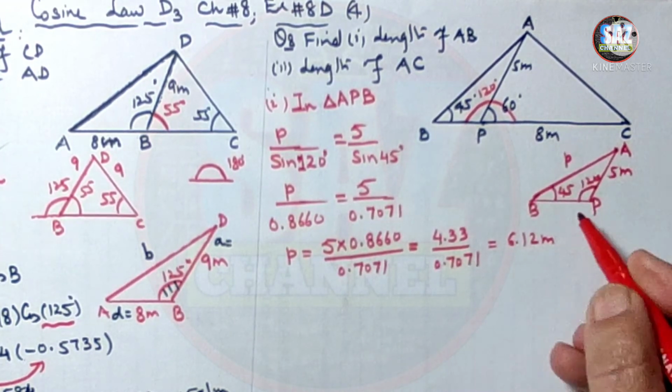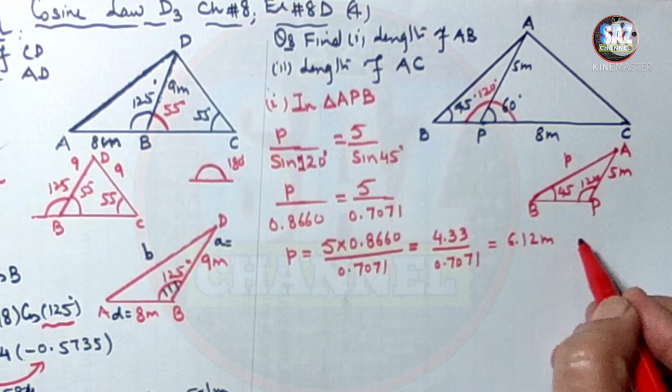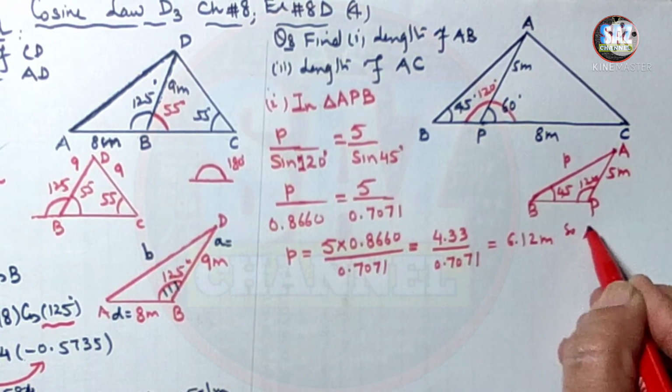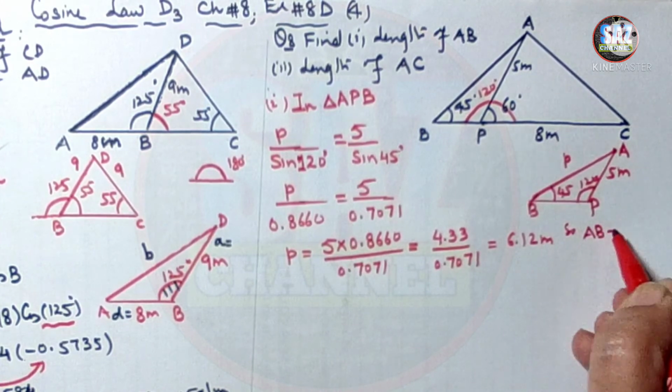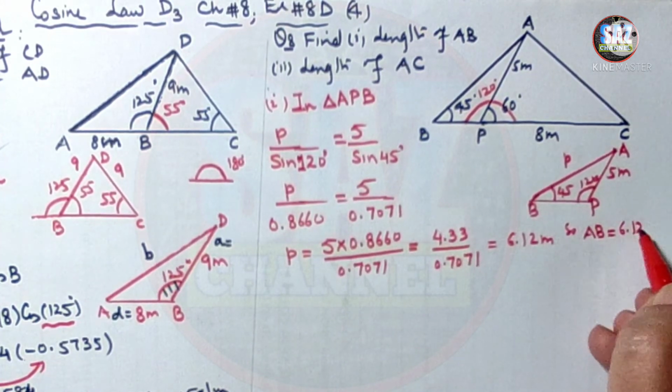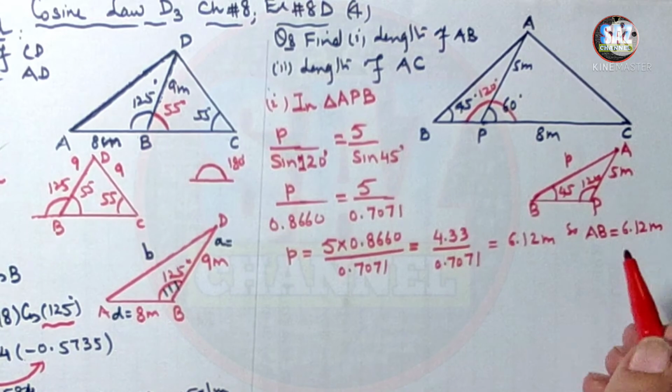And P actually is AB, which equals 6.12 meters. I hope this is a really easy part.